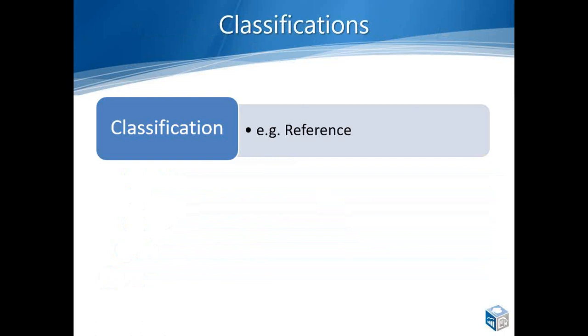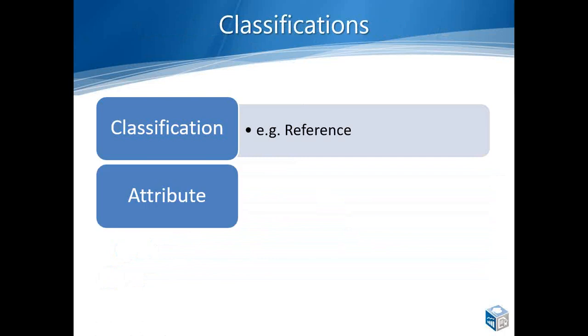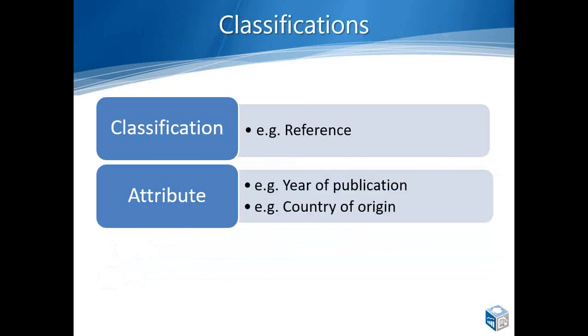So at the very top level when we're talking about classifications is the classification name. And the best example of that in a lit review project is reference. You are labeling your pieces of literature as references. Underneath that, you have something called an attribute. And here are a couple examples of attributes: year of publication and also the country of origin.